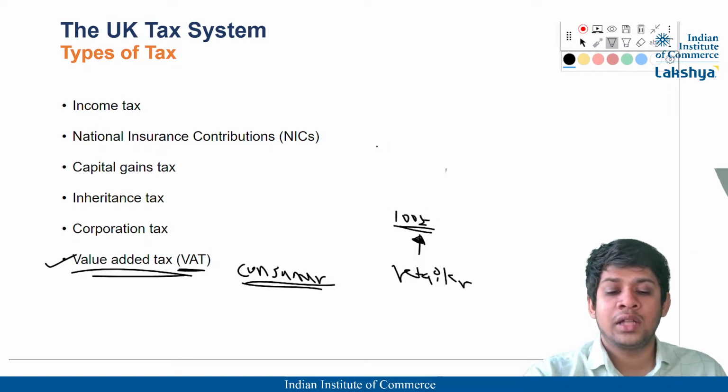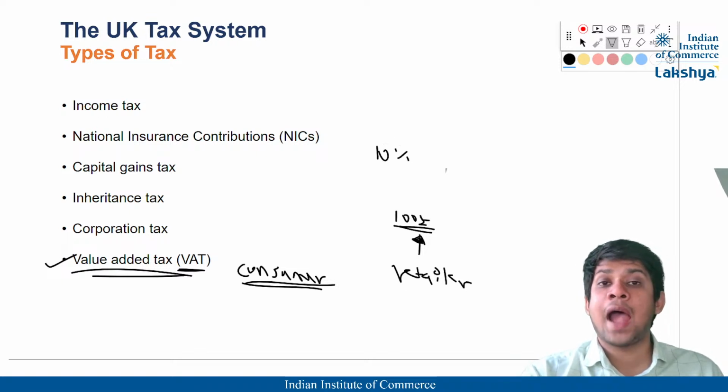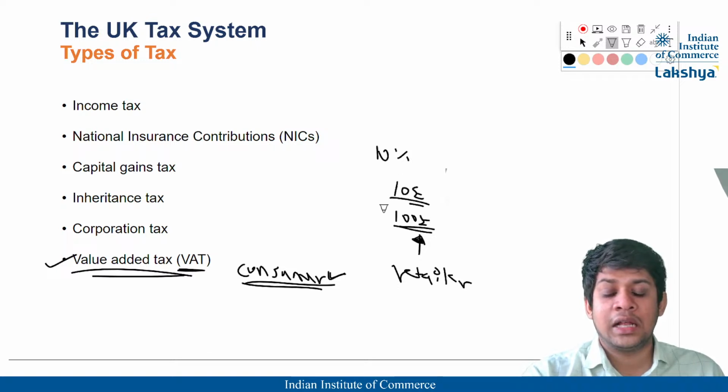Okay, but there is also tax charge of 10%. So the retailer says that eventually I am going to consume the total product that I've purchased. Correct? So technically the tax burden should, as a consumer, fall upon me. Right? So the retailer, 10% of 100 pounds is nothing but 10 pounds.